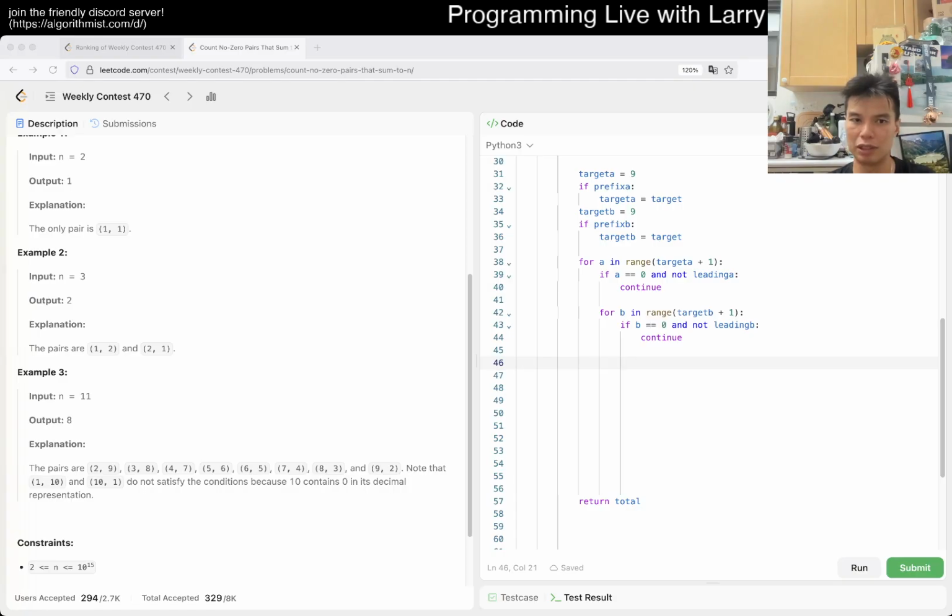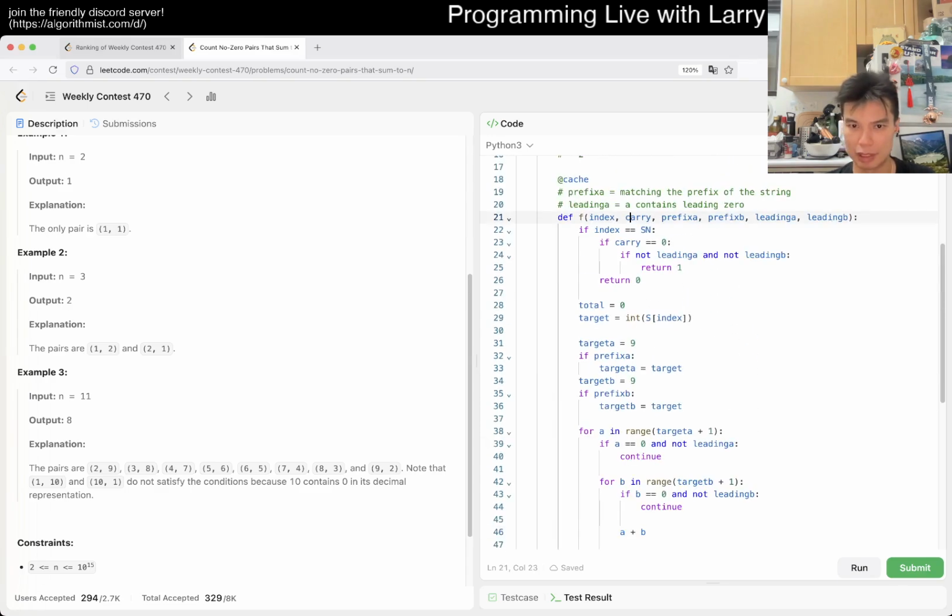So basically, it's saying that we need a carry, right? So if there's a carry, maybe put need carry.